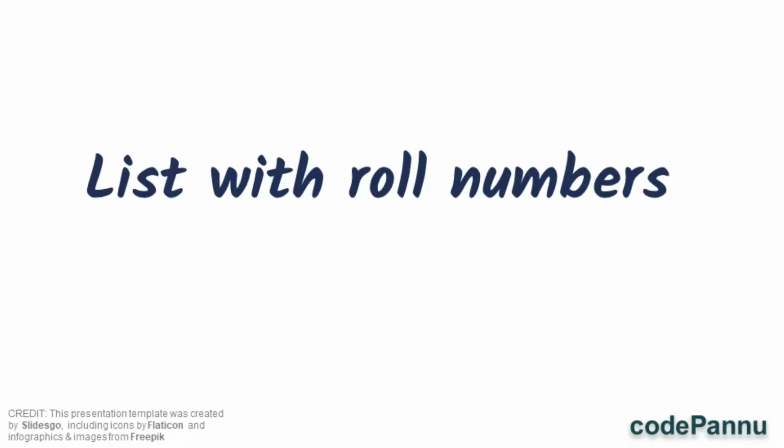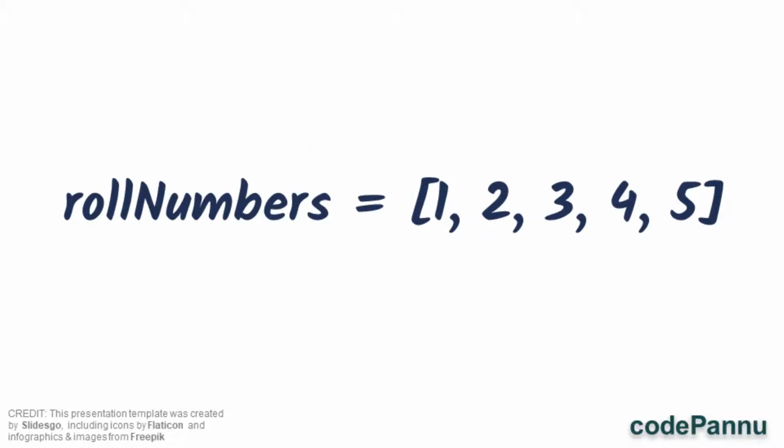For some data, it is very important to have more information about the data. For example, our roll number in school. We cannot create a list only with roll numbers. So imagine we have a list roll_numbers equal to, within square brackets, 1, 2, 3, 4, 5. If the list looks like this, we won't know which student has which roll number. So we would like to have the roll number and the name of the student, correct?